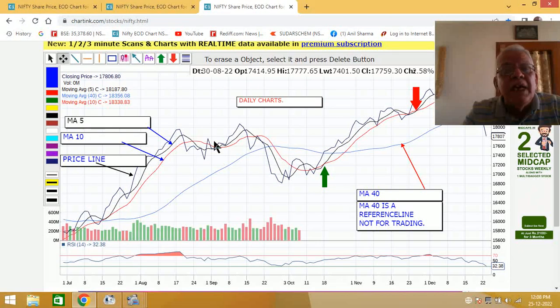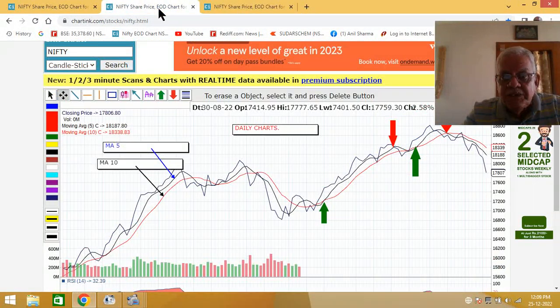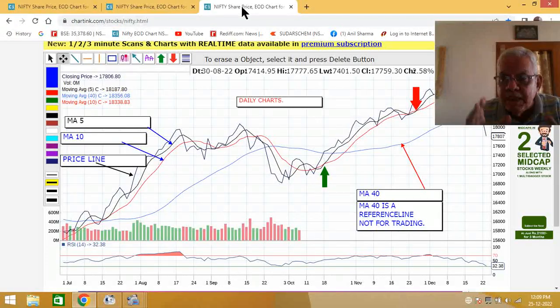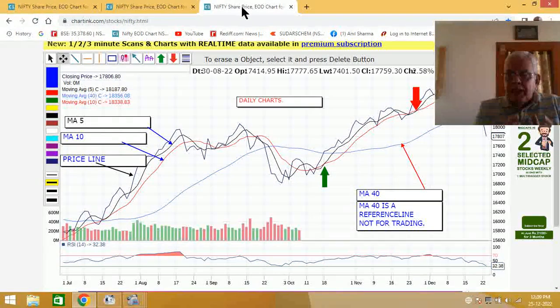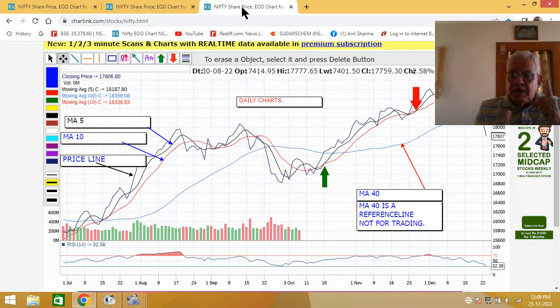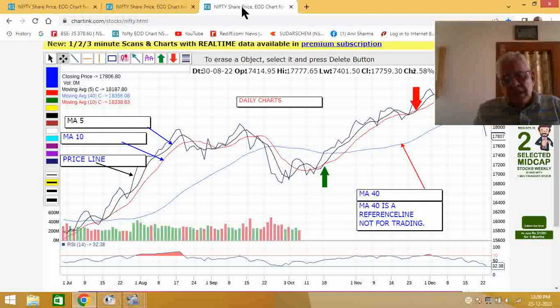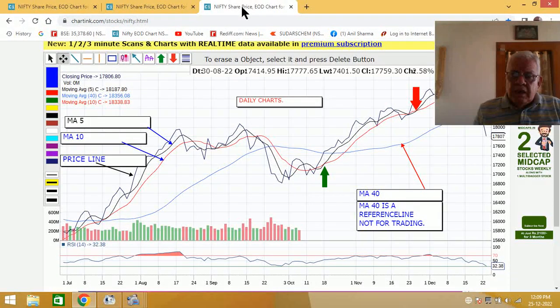Otherwise, our buying and selling will continue to be in 5 and 10 only, as we have seen earlier. So either you use a single moving average of 5, or you take 2 moving averages of 5 and 10, or you take a third moving average of 40, just to give you the reference whether the upward direction in the share is coming down. So this is all about the moving averages.